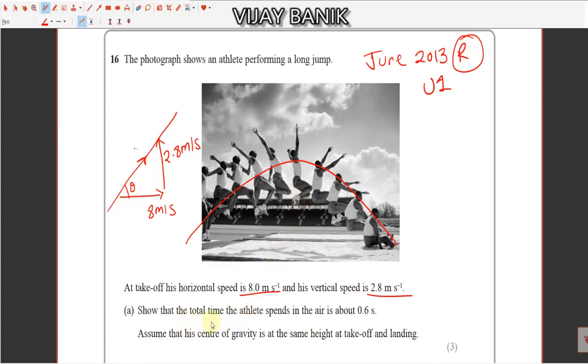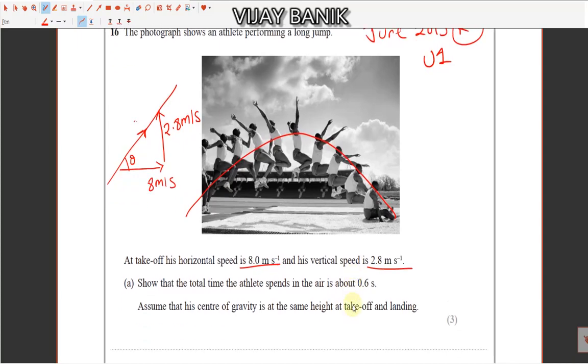Show that the total time the athlete spends in the air is 0.6 seconds. While teaching projectile, I mentioned that the time taken to go up and reach the maximum point equals the time taken to come down. If you drop something from the same height, it takes time t to reach the ground, and if you multiply that time by 2, that is the total time for the whole journey.